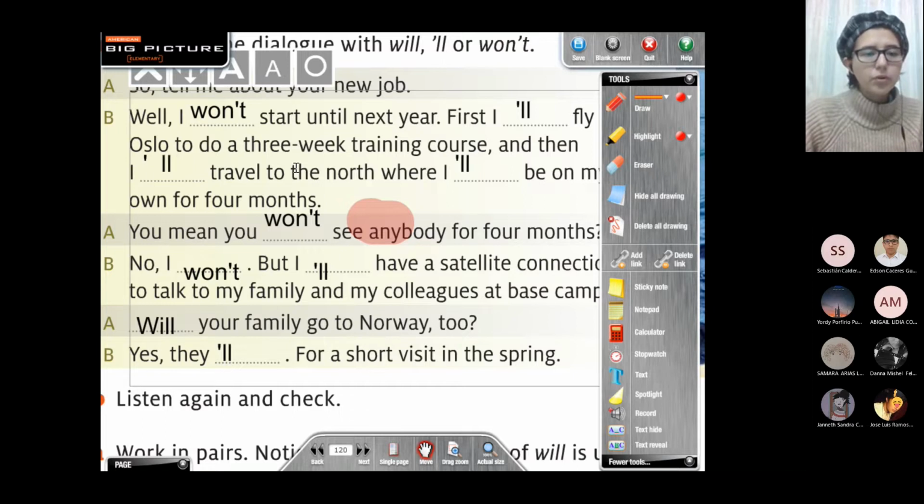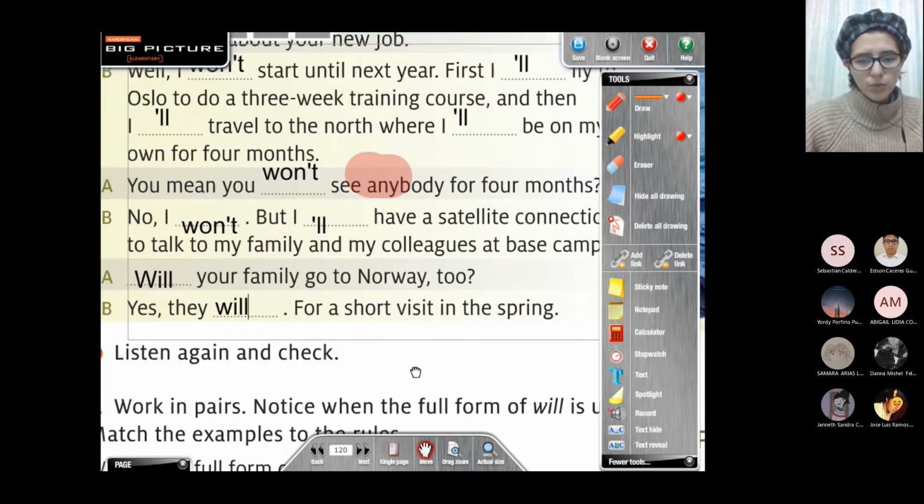Remember that the contracted form is going to be with subjects and with names, right? I'll. And then you mean you won't see anybody for, no, I won't, but I'll have a satellite connection to talk with my family. And the last one here. Will your family go to Norway too? Yes, they will. Right? Here we're going to put the full form. So let's check why. This is for you. We're going to finish the class with this.